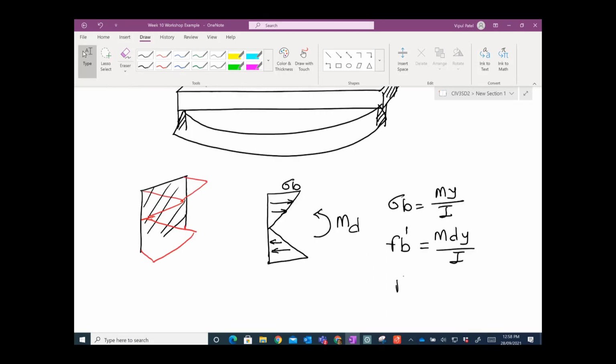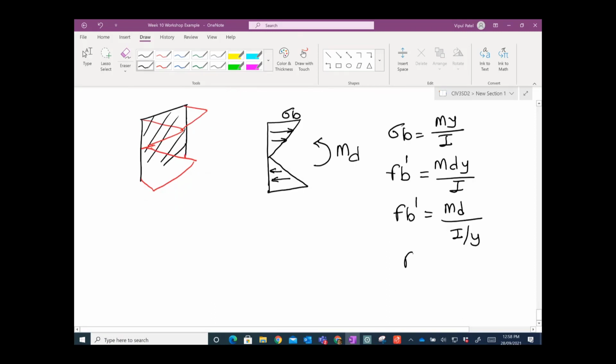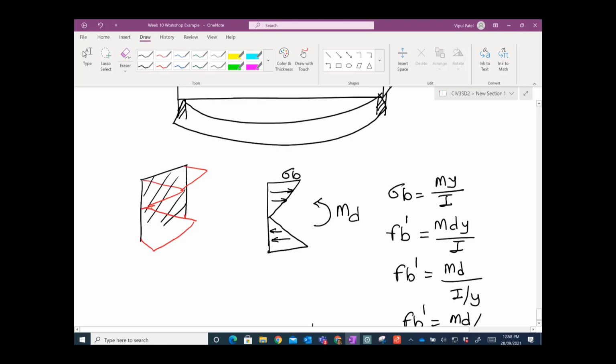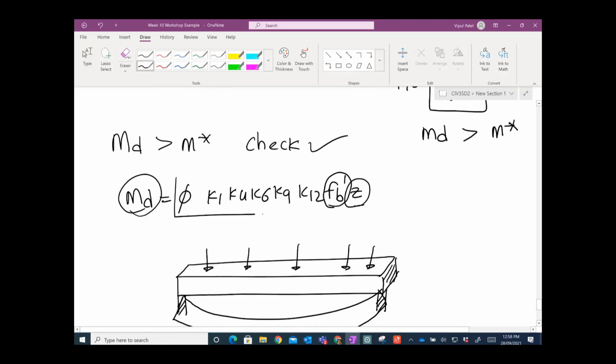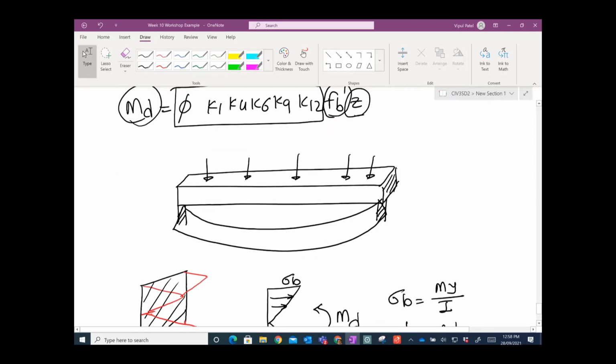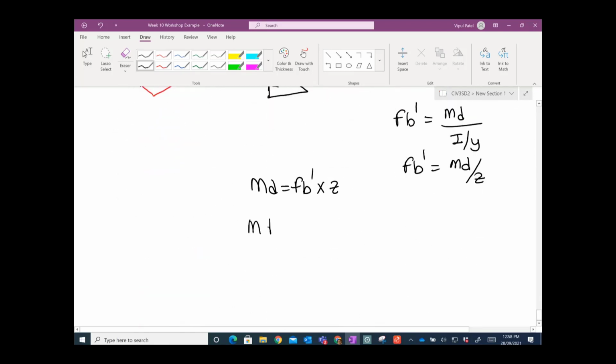Yes, I can get back to you. FB dash is equal to MD times y over I, that is your Z. So FB dash is equal to MD on Z, so your MD would be FB dash times Z. Yes, that's the same equation. If you ignore all these values that come from timber, for any material, MD equals FB dash times Z for timber. So let's calculate.